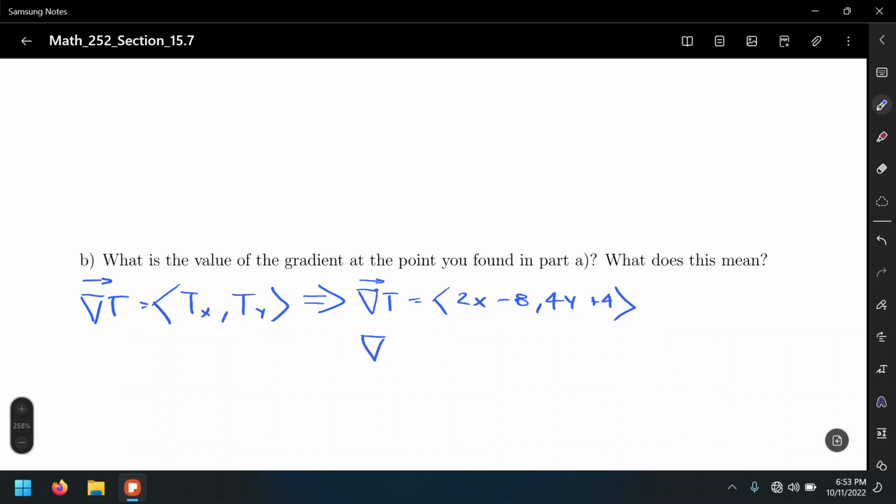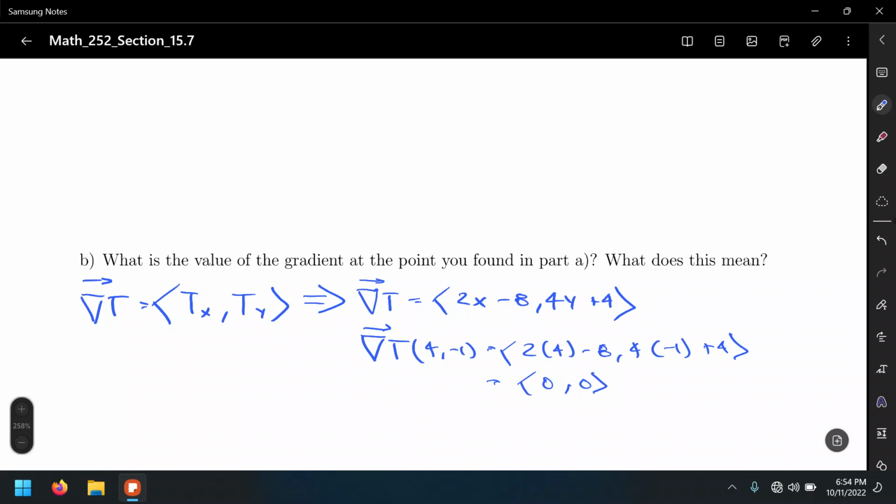If we evaluate the gradient at the point (4, negative 1), that's 2 times 4 minus 8, and 4 times negative 1 plus 4. But what's this? Isn't it a zero vector?